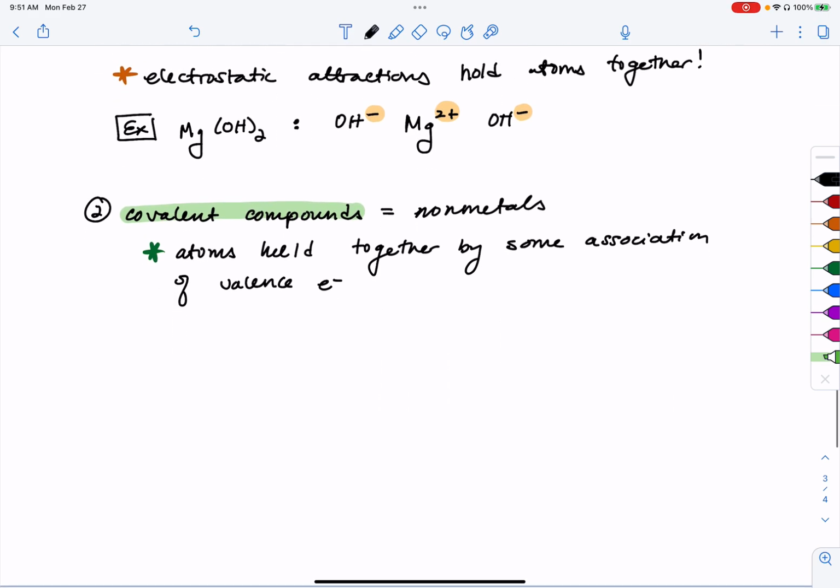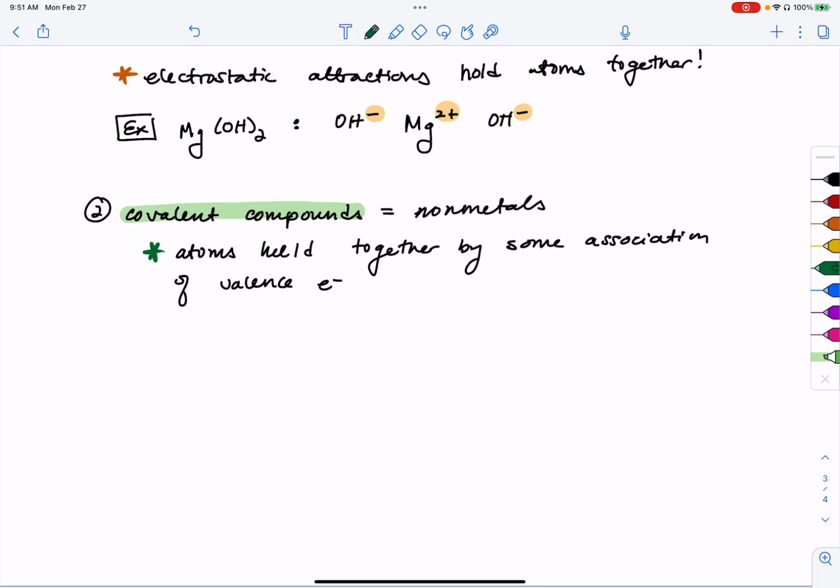And I'm intentionally being vague because we're going to go over this in a moment. But if you're asking yourself, what do you mean some association of valence electrons? Why would valence electrons want to be involved with one another anyway?